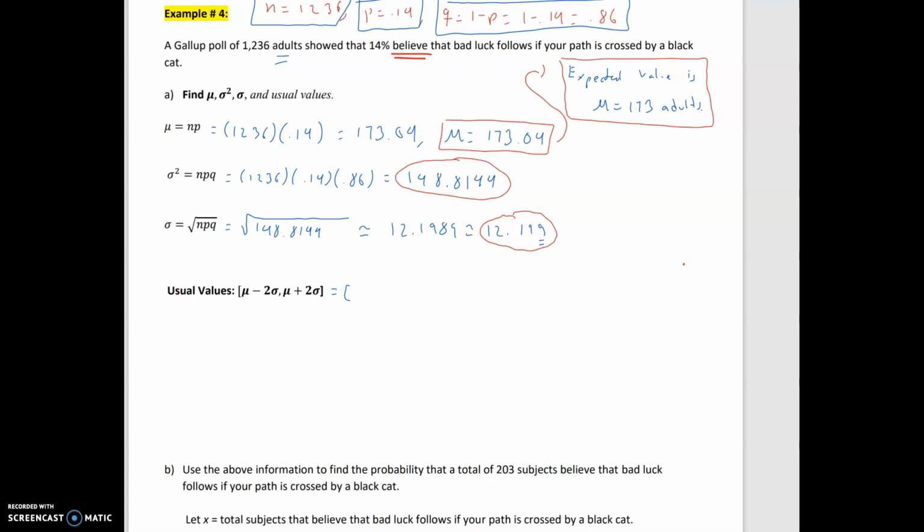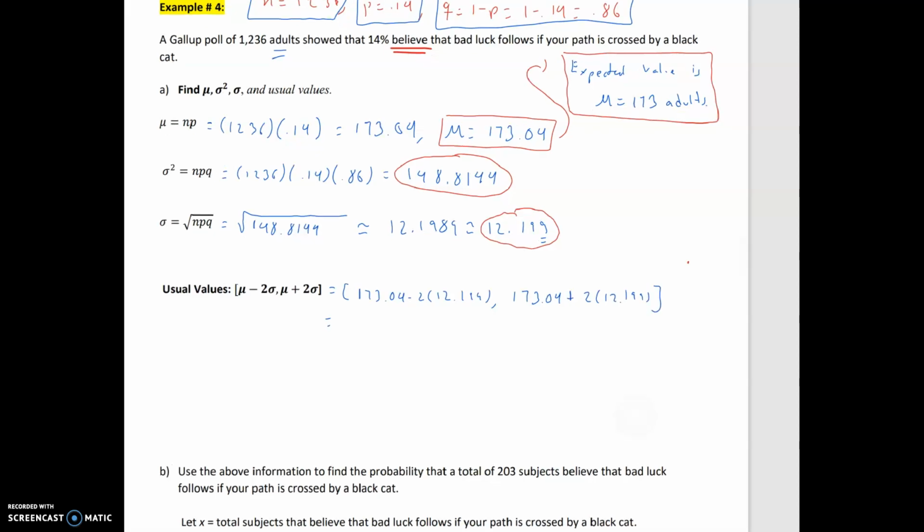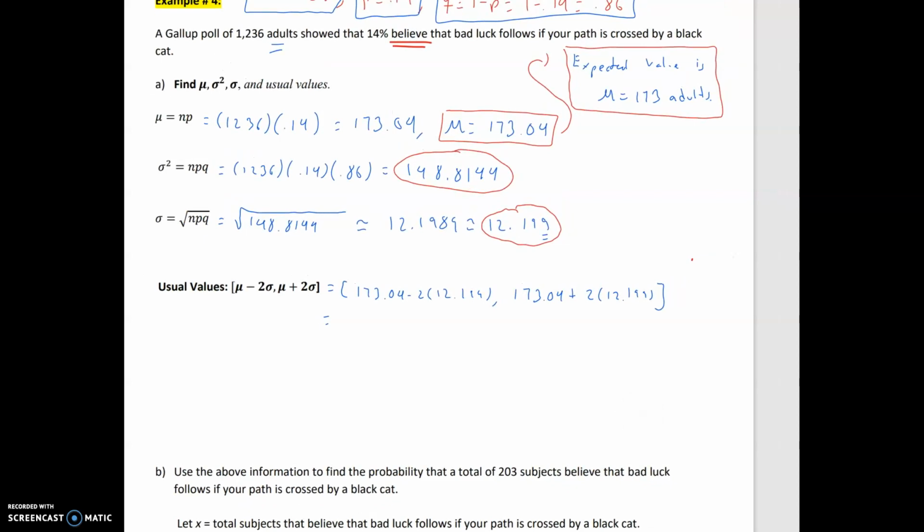So in this case for the mean, 173.04 minus 2 times 12.199, and then comma, 173.04 plus 2 times 12.199. This is just for rounding for the software. So let me evaluate that.